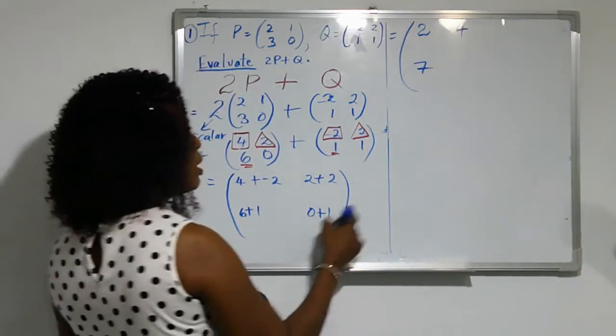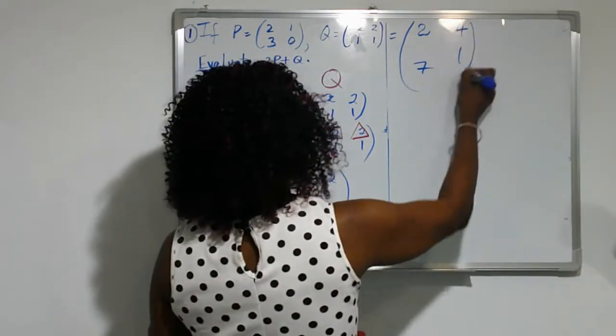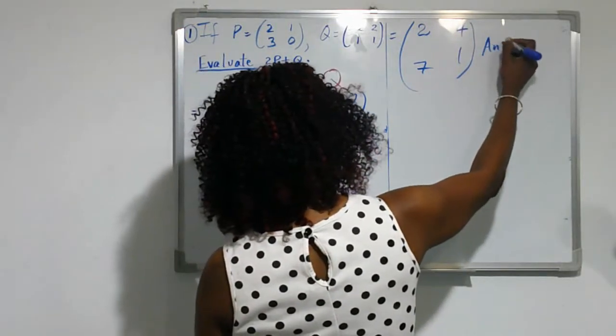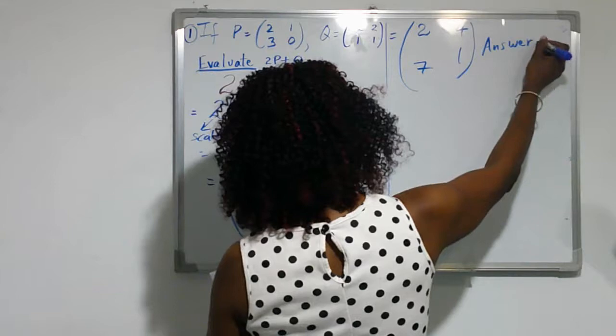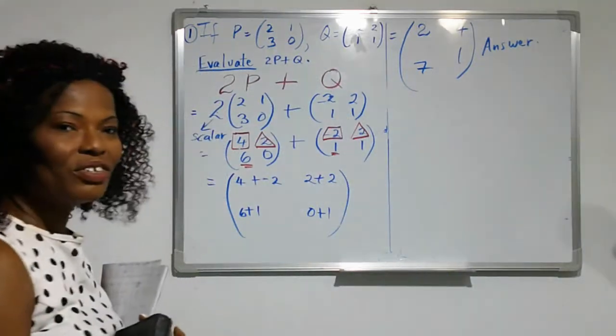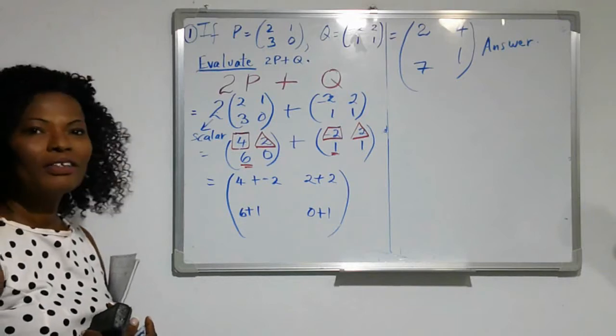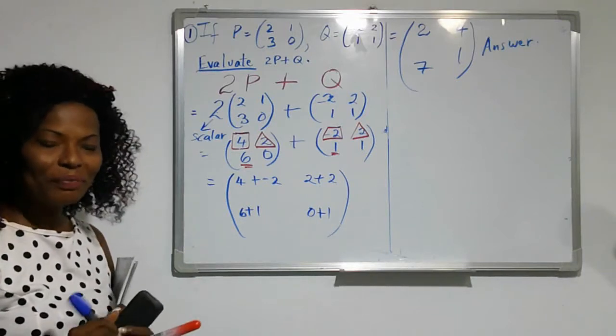And 0 plus 1 is 1. And that's the final answer. And that is the solution for question 1. It's pretty easy. Okay?